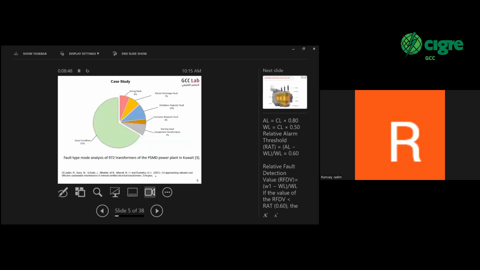For sustainable maintenance, we did a case study. It was in a Kuwait plant, I think in 2017 or 2018. We took around 972 transformers, and we scanned for all types of faults: gas faults, partial discharge, arcing, oxidation, corrosion. We studied all the types of faults, and we found that they have many faults.